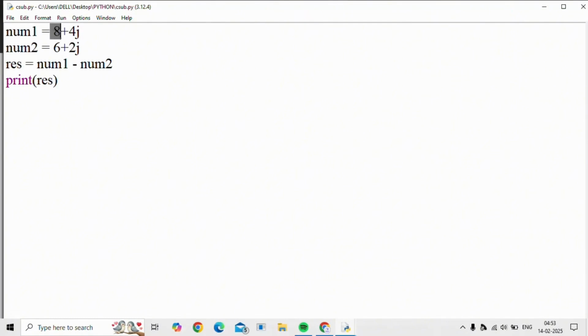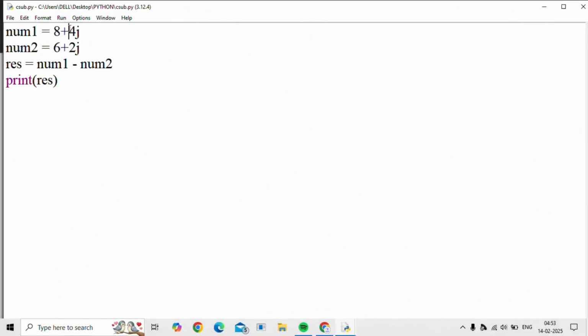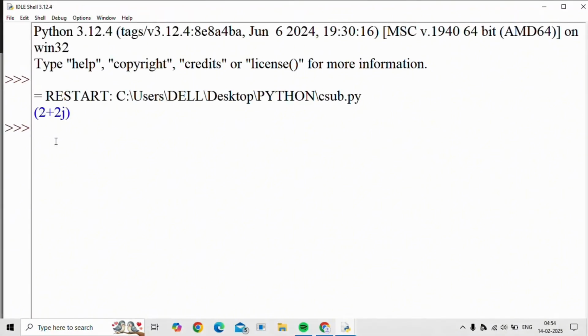The real part will be subtracted from each other, 8 minus 6, it is 2, and the imaginary part will be subtracted from each other, 4j minus 2j, it will become 2j. So then what will be the output? 2 plus 2j. Please remember, the output is 2 plus 2j. It is not 2 minus 2j.